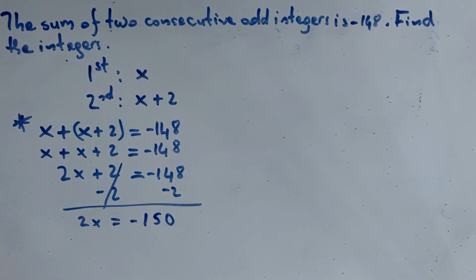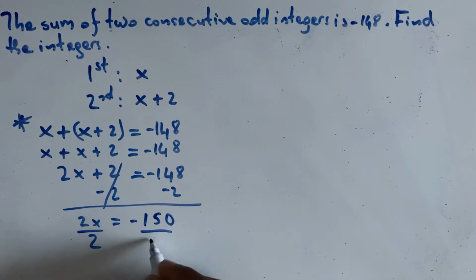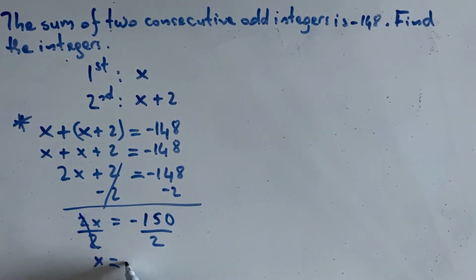Then you divide both sides by 2, then you have x equals negative 75, all right?